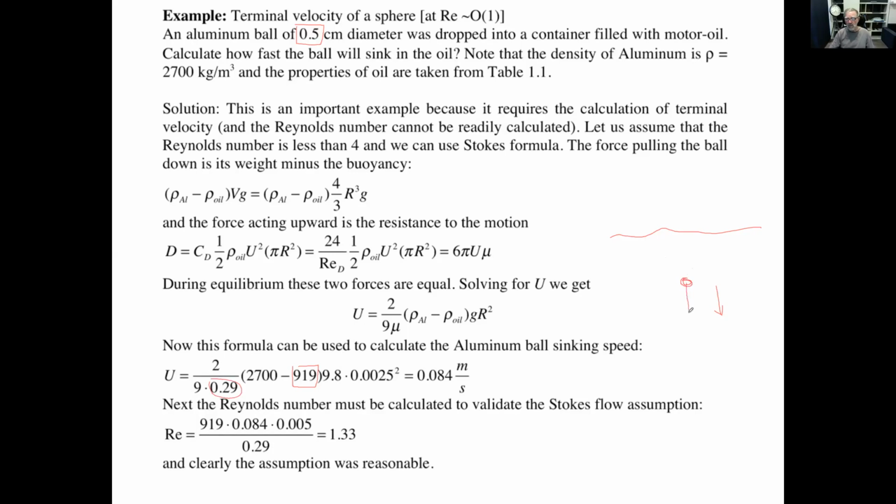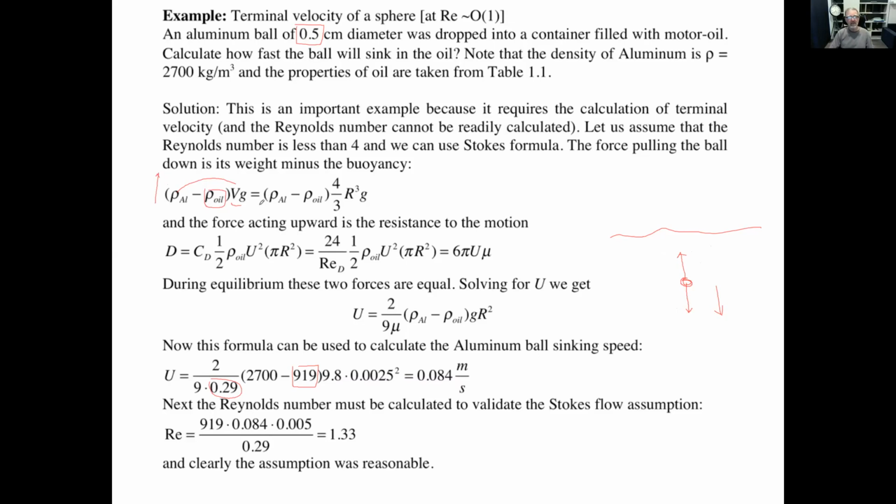So what's happening here is actually the mg. So mg is volume times g times the density of the aluminum. Acting up is buoyancy, which is the volume times g, but for the displaced oil. So this force is acting up net.